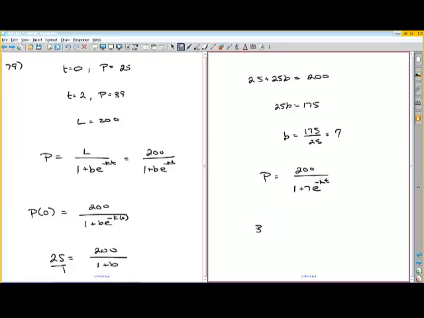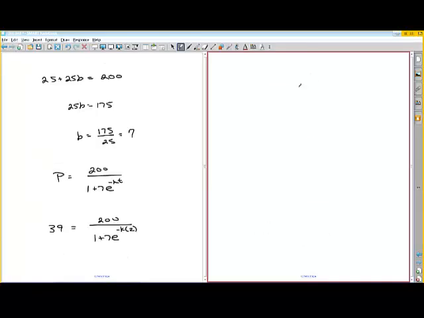The population at 2 years is 39, so we put t equals 2, population 39, and we solve for k from this equation. Rather than cross multiplying, we switch the numerator and the denominator from the two sides.